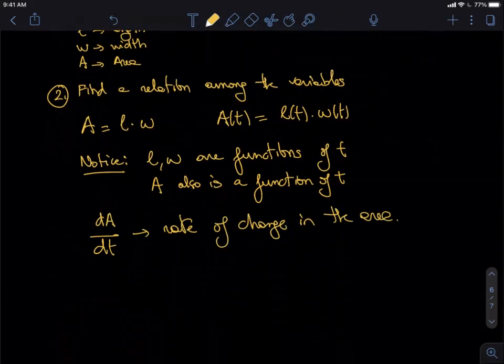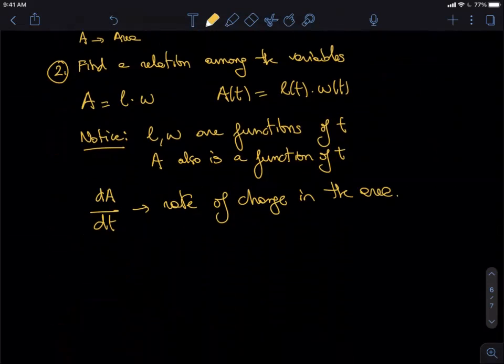Okay. So in this case, the equation is very easy. It's just a product of the two variables, but in general, it may be more complicated and we may need to use implicit differentiation. Okay. So this is dL/dt times W plus L times dW/dt. Okay.